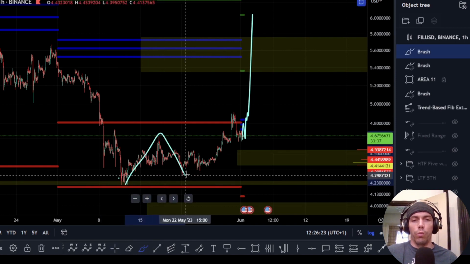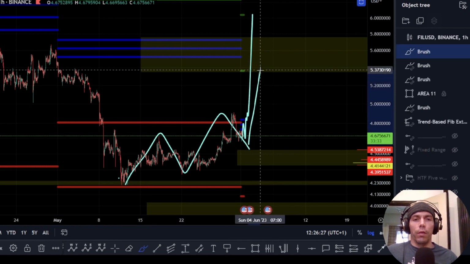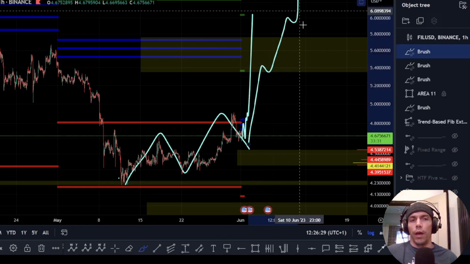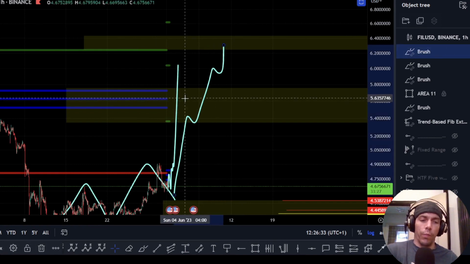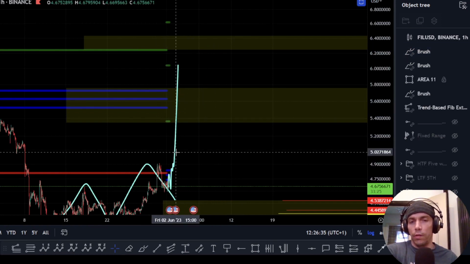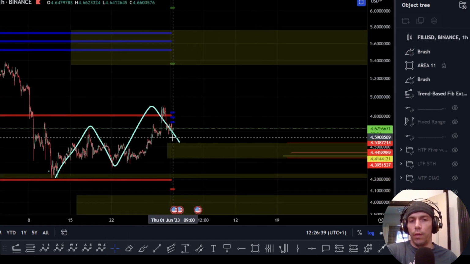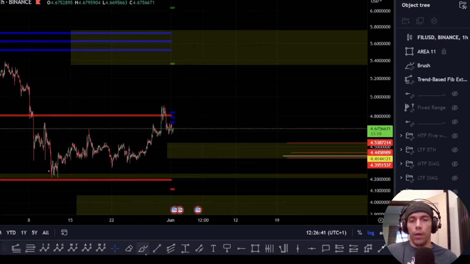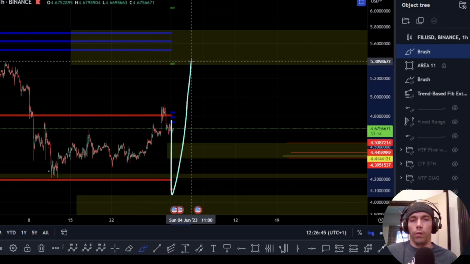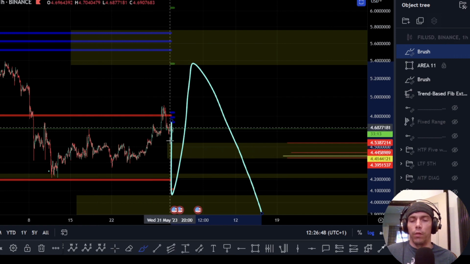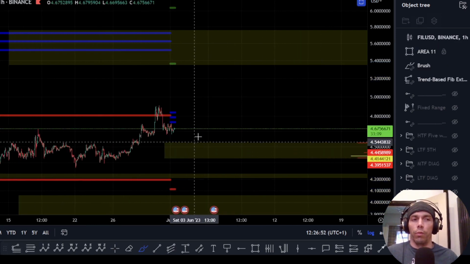We would be looking at this as 1, 2, 1, and then possibly looking for this as a bigger 3rd wave to the upside, looking to actually target out some of these higher CPR lines. So these are not predictive in the sense that they'll tell you where price is going, because what can happen is sometimes price will actually come down, retest the R1, come up to this S1, and then move down to the R2, for instance, as an example. So we need to use them in confluence with other things.